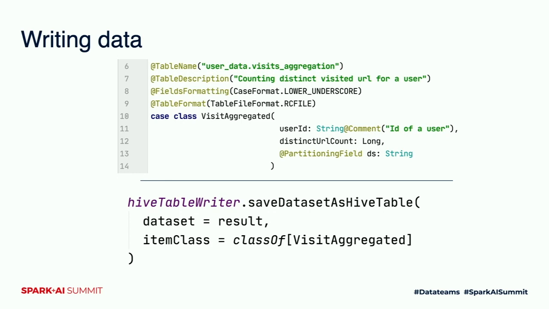There is another problem in data engineering which is not addressed by any existing piece of infrastructure, which has to do with schema management. Our data engineers used to do the following to be able to run their pipeline for the first time. They needed to go to Hive, create a table to which they are writing, and add the meta information about this table, like the description of the table, comments, and how the table is partitioned, and then they run their job and write the data to that table.